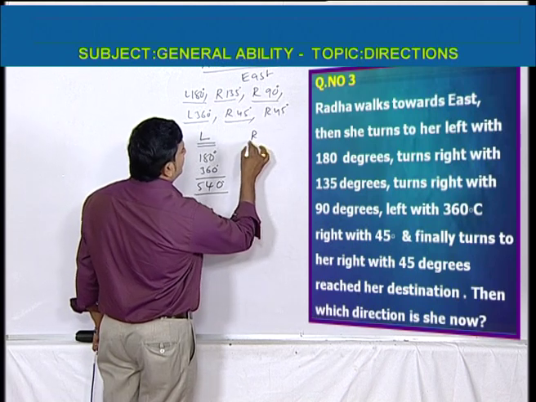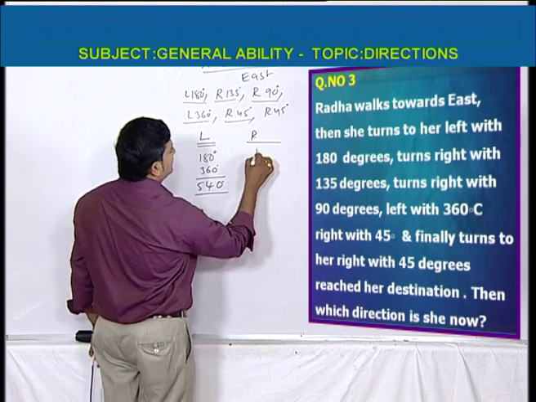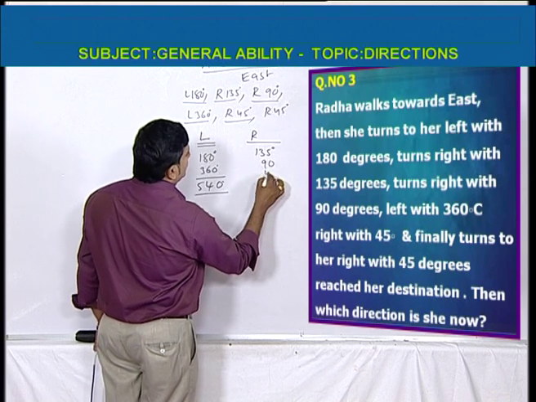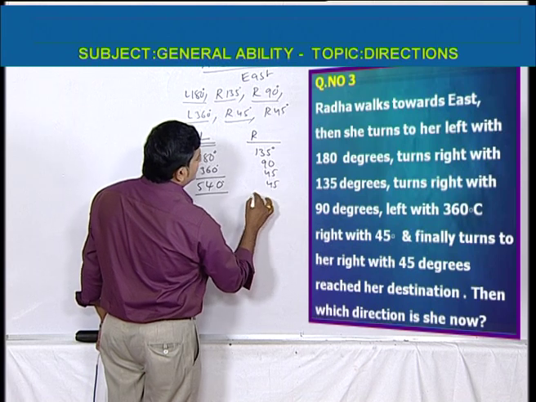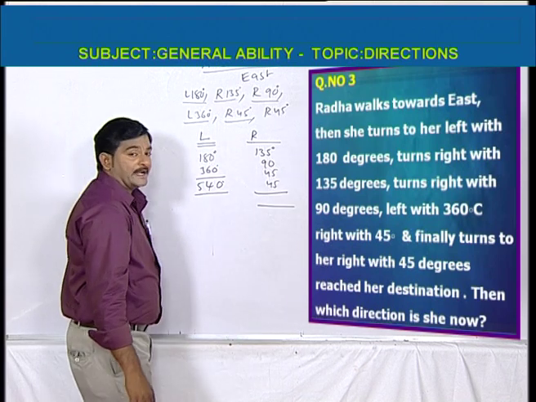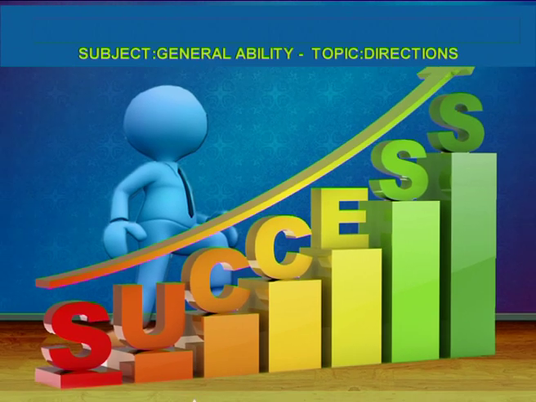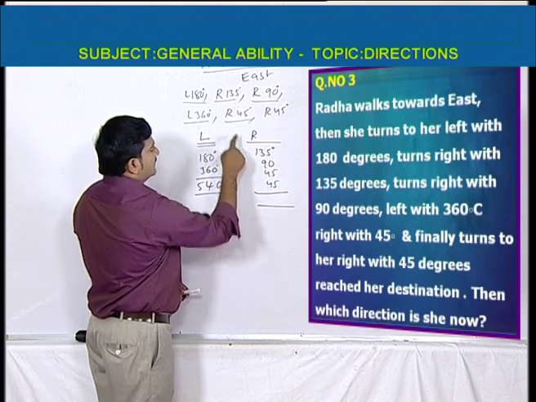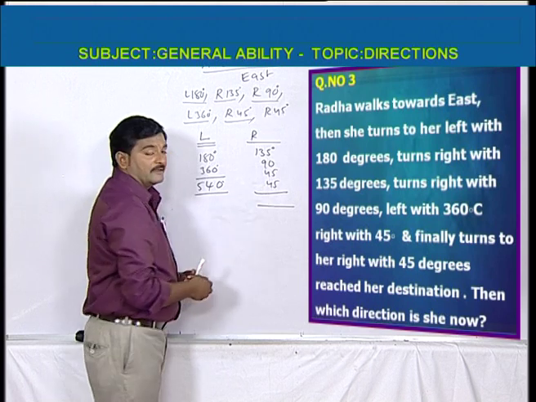Similarly take all right angles. Here right means 135 degrees, here 90 degrees, here 45 degrees, and here also 45 degrees. Adding all right side angles: one right is 135, next is 90, next is 45, and again 45 given.